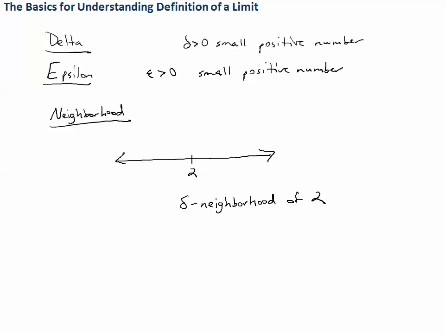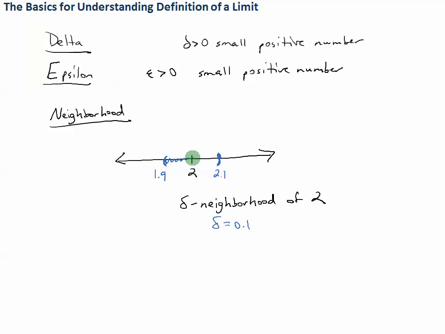So what that means is, let's say for example delta is a very small positive number, so maybe like 0.1. The delta neighborhood would be every number within 0.1 unit of 2. So if I go to the right 0.1, I'd end up at 2.1. If I went to the left 0.1, I'd end up at 1.9.